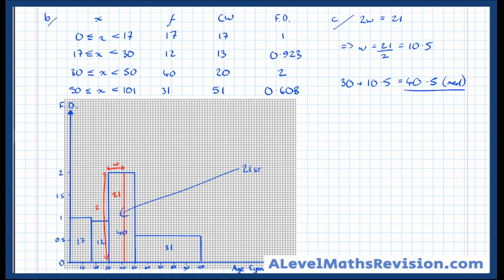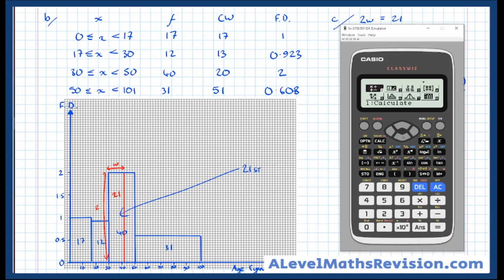The mean is a lot easier. The mean we can just get using our calculator and the data here from the table. So let's do it. Let's go into stats mode in our calculator. And it's a one variable calculation we're going to do. And the midpoint of 0 to 17, well, we'll add the two boundaries together, then divide by 2. That gets us the midpoint.